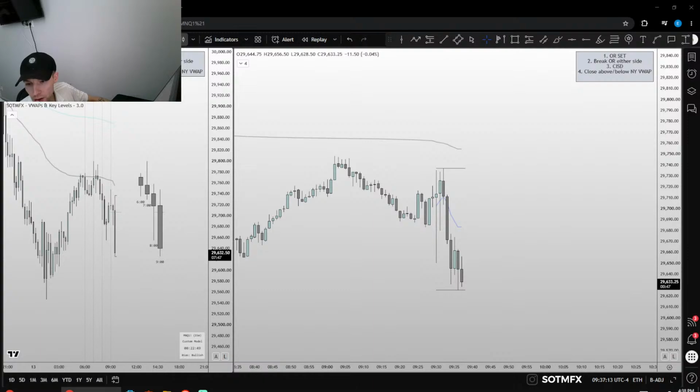It was 4 trades. Now they all were double break. No, one was a break and retest, and 3 double breaks.